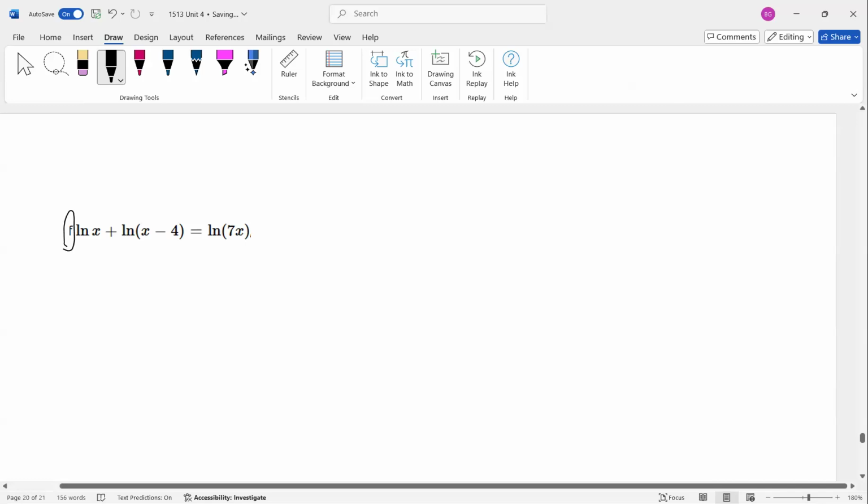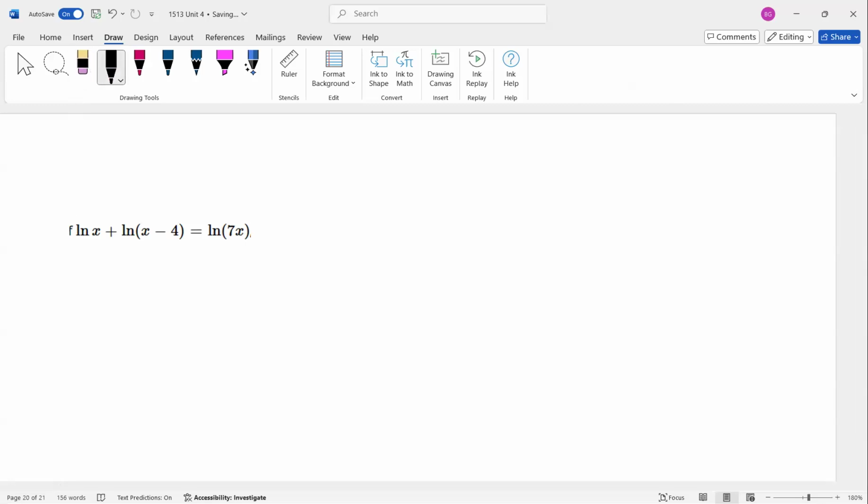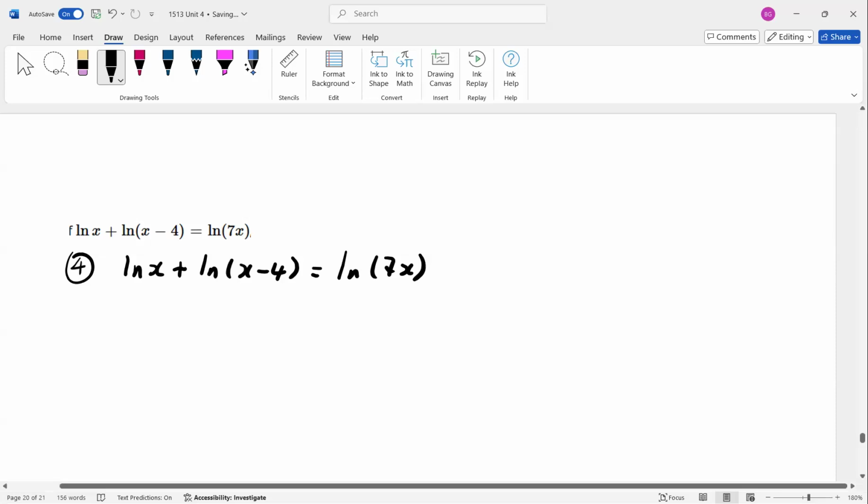Okay, so number 4, we solve this equation: ln x plus ln (x minus 4) equals ln 7x. This time, the equation has 3 logs, natural logs with base e, and no other things, just the 3 logs.